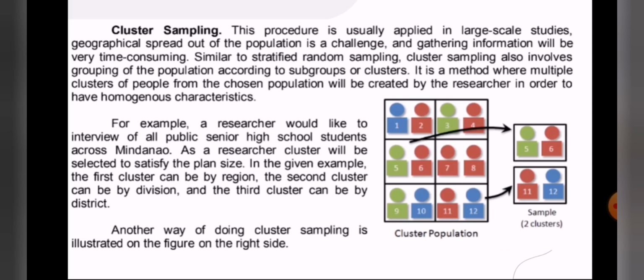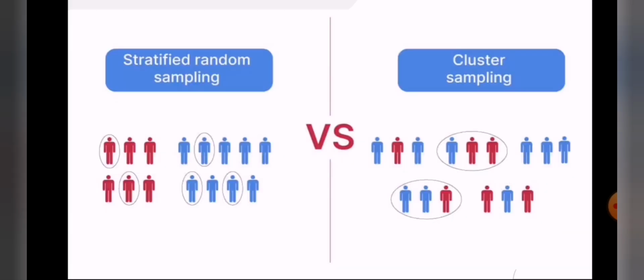So, I'm sure you might be wondering, anong difference ng stratified random sampling from cluster sampling? And I have selected this image to better explain to you yung difference ng dalawa. With stratified random sampling, you are grouping people and then you are selecting those who will participate out of certain groups. No? You have distributed it evenly.